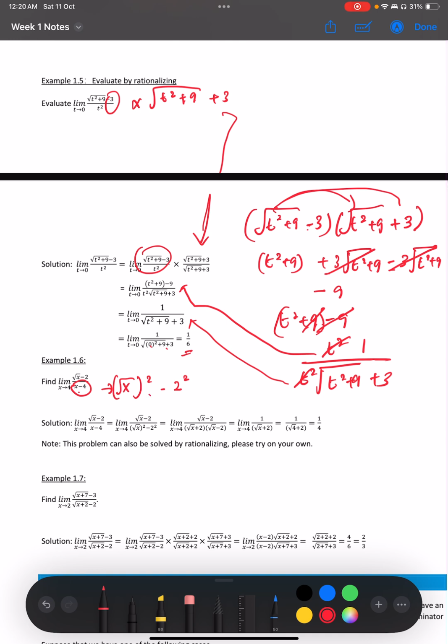So this one I transform in this format, and this is also the concept of a squared minus b squared, so this is equivalent to a plus b, a minus b, right? So that's why you can expand like this, so when you expand like this it is multiplication, so you can simplify it, so therefore it becomes 1 divided by square root of x plus 2, so square root of x approaching 4, you get 2, 2 plus 2, you get 1/4, all right.